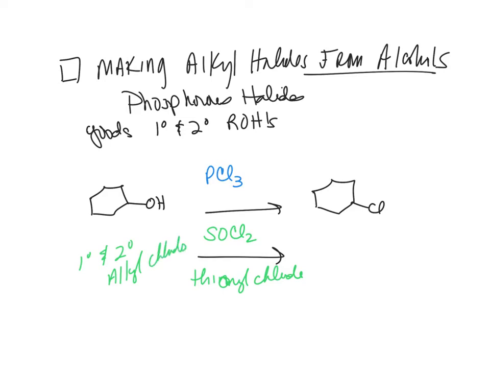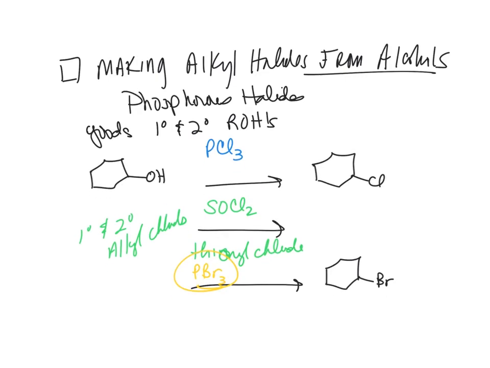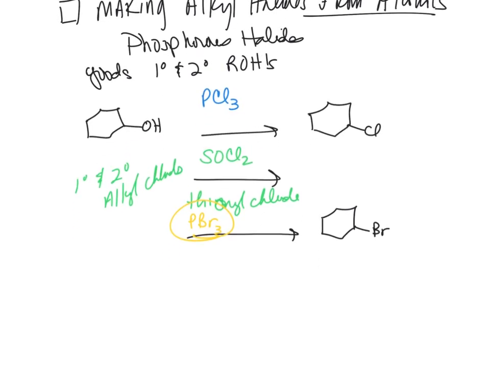If you want to make an alkyl bromide, you should use phosphorus tribromide. Okay, and if you want to make an alkyl iodide, so I would add this to your reagent table, you'll want to use phosphorus, and then you need to add iodide.